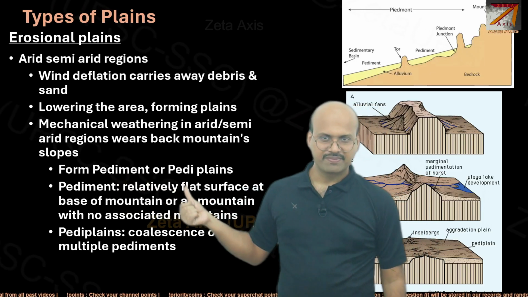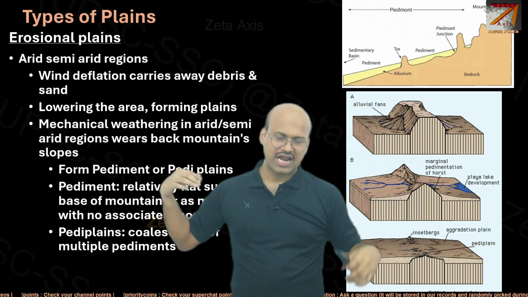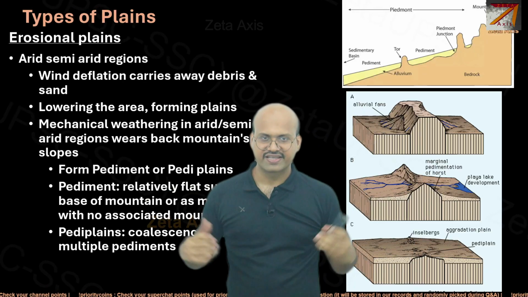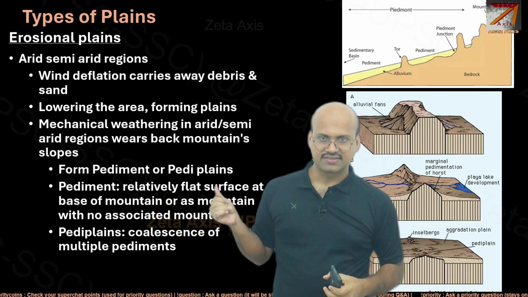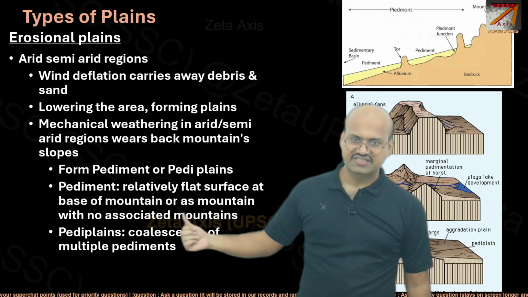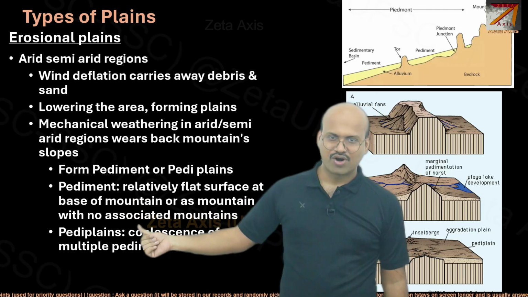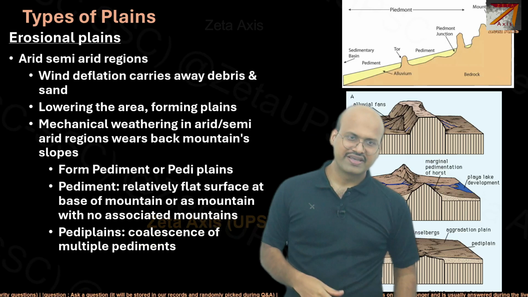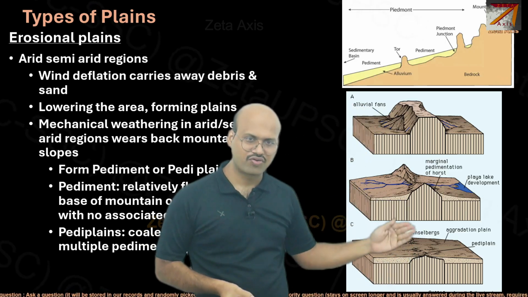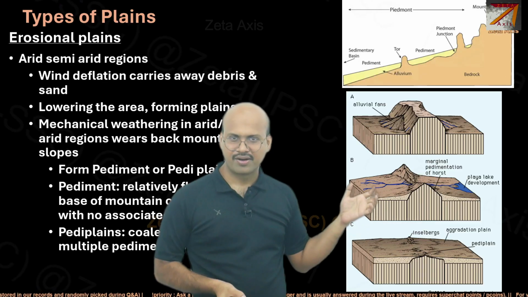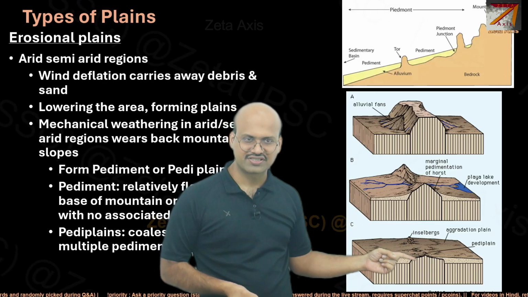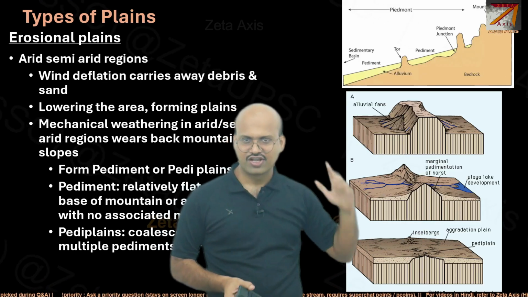So when a large number of pediments are there in a region and they just connect with each other, then they form pediplains. Pediment is a relatively flat surface at the base of the mountain or as a mountain with no associated mountain. So it might occur that over time the whole of the mountain may be eroded and only pediplains or pediments you can see. So here you can see that there is only pediplain, mountains have been eroded away.